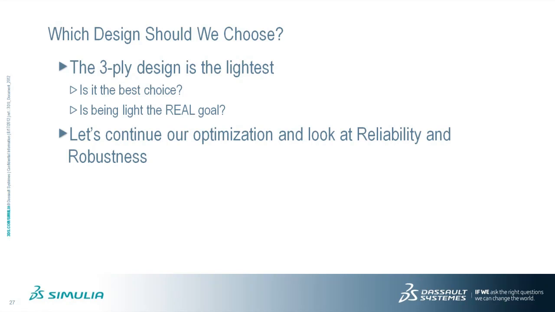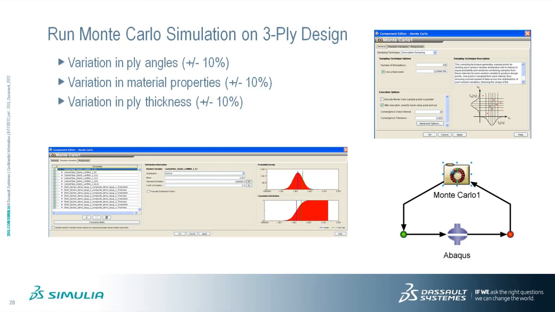So let's continue our optimization and now introduce and look at reliability and robustness. What we're going to do now is run a Monte Carlo simulation on that optimized 3-ply design. And we're going to introduce real variables that we see in the physical world, the world that we live in.